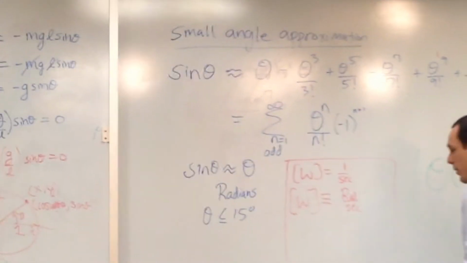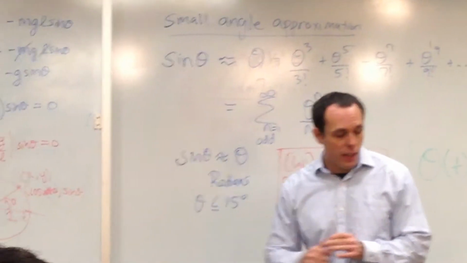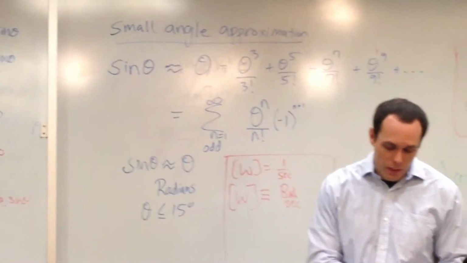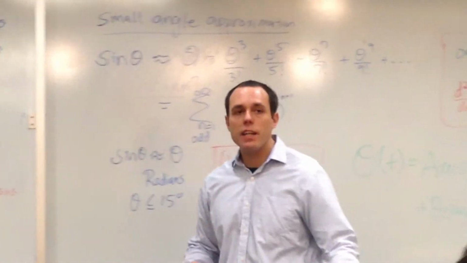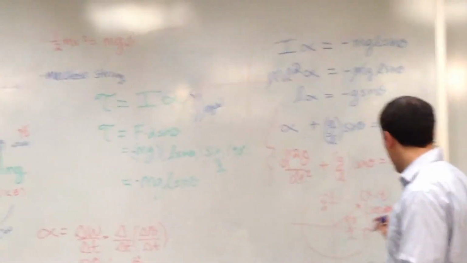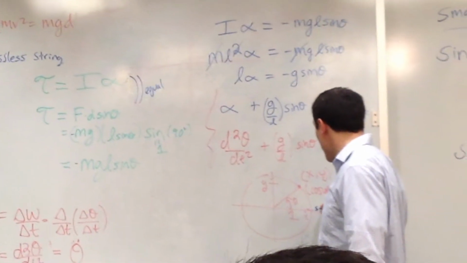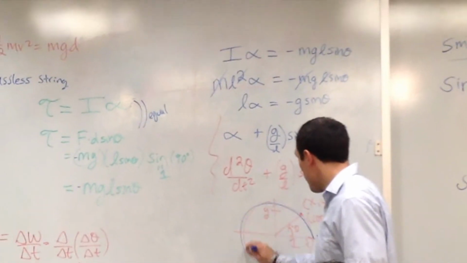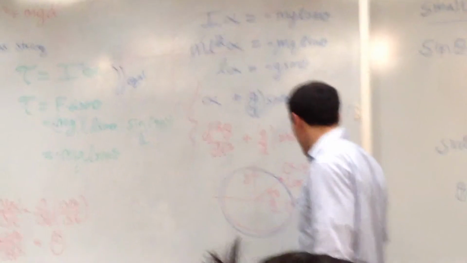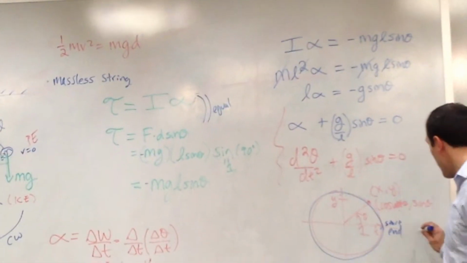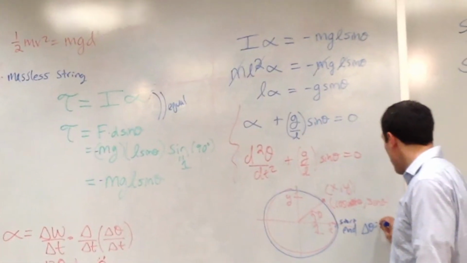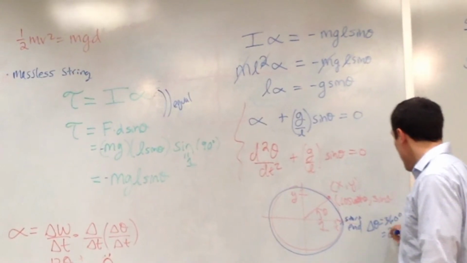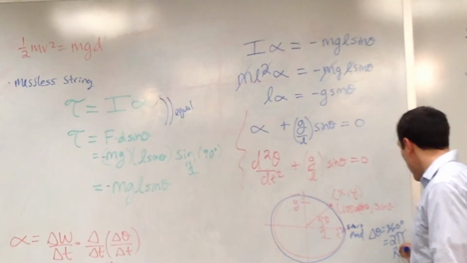So because we're representing it by radians per second, I just want to give you a definition. And that is, how do you relate the period? Now for a circle, the period would just be, this is start, it goes around 360 degrees, and this is end, where the start and end are the same. So the total angular displacement here is 360 degrees, or what we use, 2 pi radians.